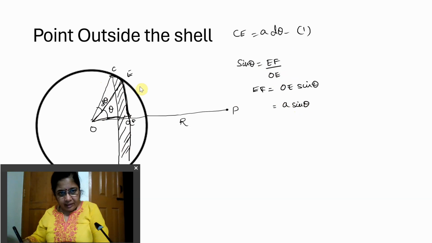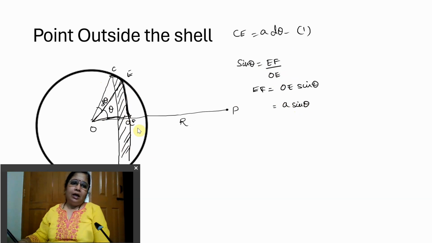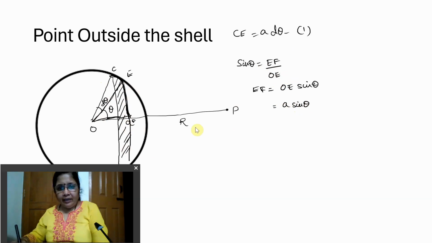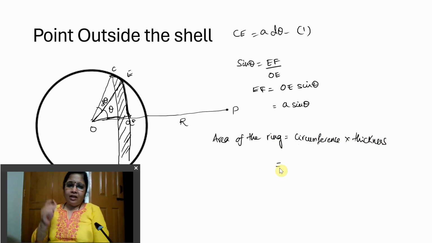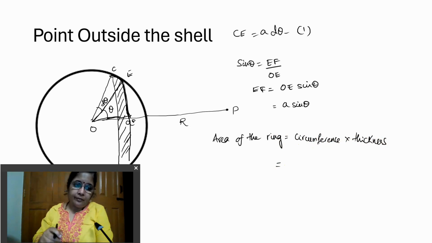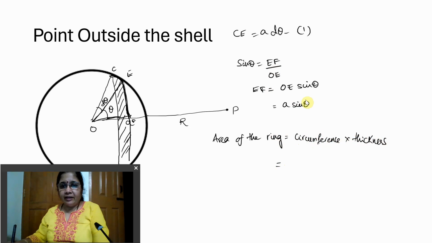So now for this ring, I need to find out the area. The area of the ring is equal to circumference into thickness. We know circumference is equal to 2 pi r, where r is the radius. But here, what is the radius of the ring? The radius of the ring is a sine theta.